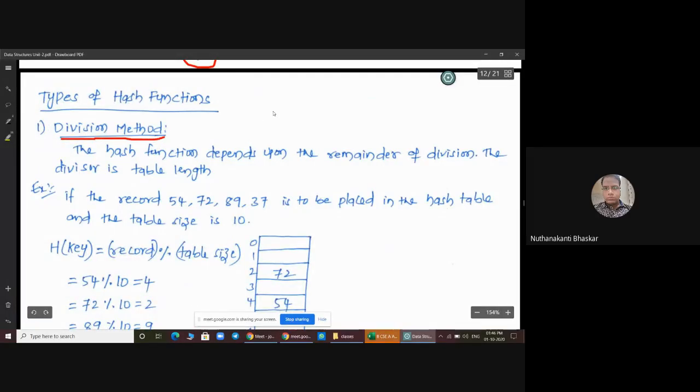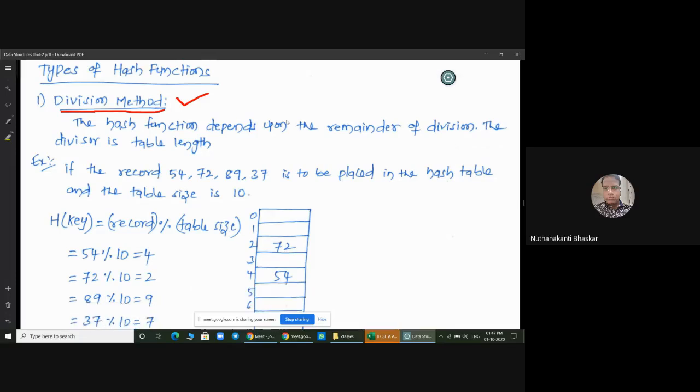The division method can be implemented very easily, and in most cases normal users, especially academicians, who want a simple hashing mechanism choose the division method because it is easy to implement. So most people use the division method for the hash function. What is the division method? It is very, very simple.